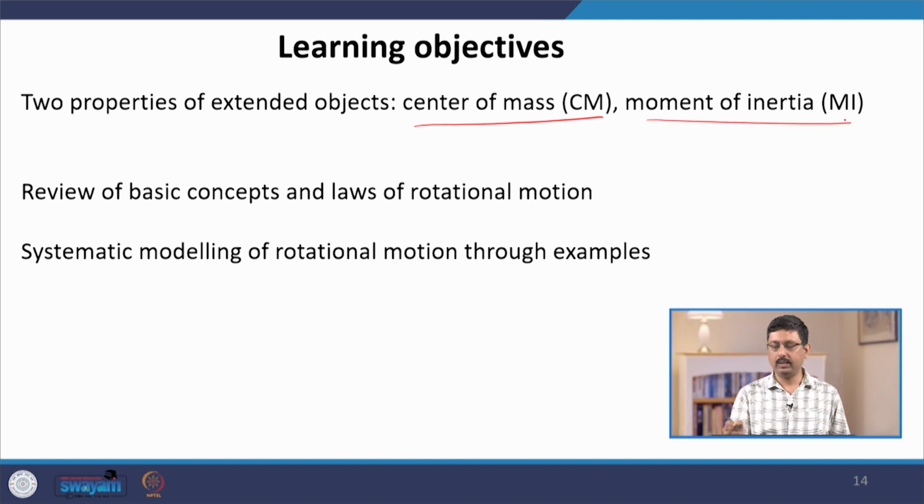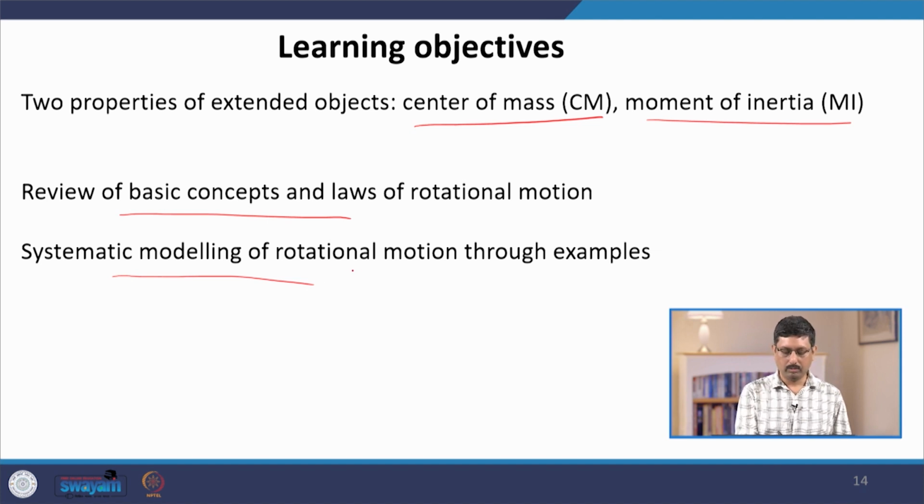The second property is something called moment of inertia, which is the analog of mass, but something more complicated, and a fundamental quantity to describe rotational motion. Then we will look at the basic concepts and laws that are required to describe rotational motion, and then we shall apply our systematic modeling approach to analyze problems with rotational motion through several examples.